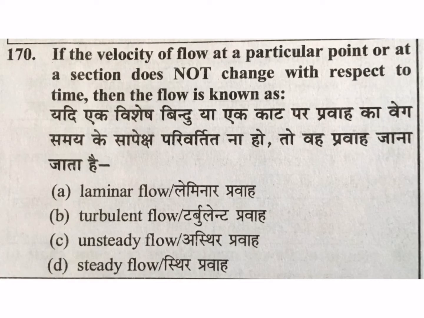Next question. If the velocity of flow at a particular point or at a section does not change with respect to time, then the flow is known as what. So the velocity of flow, dv by dt with respect to time, is equal to 0. We know with respect to time means it's steady flow.